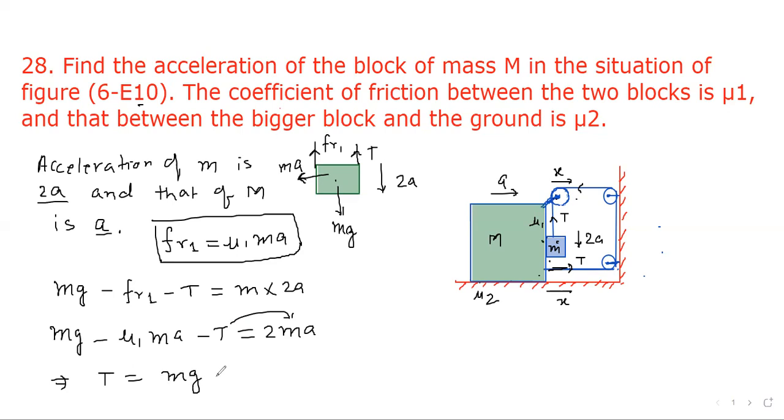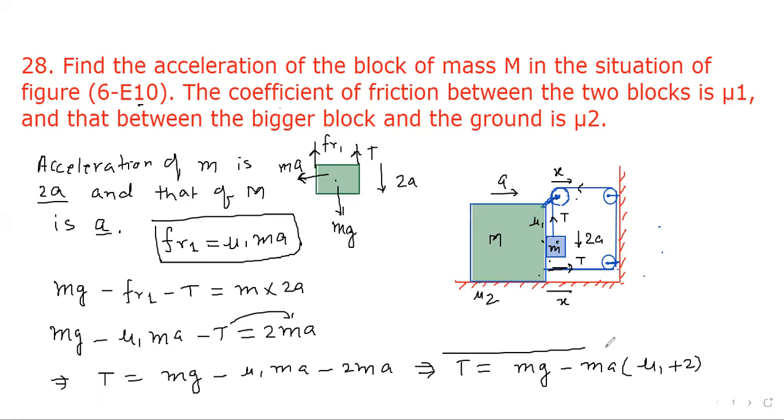So mg minus mu1 MA, sorry, not plus, but minus 2ma, which can be written as T equals mg minus ma times (mu1 plus 2). So we have got the expression for tension. Suppose this is equation number 1.